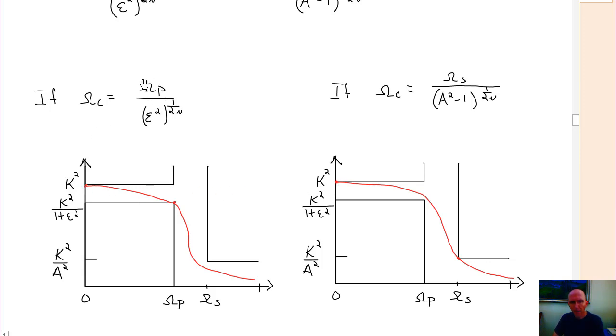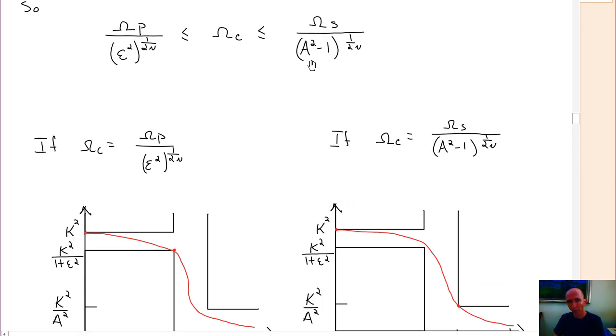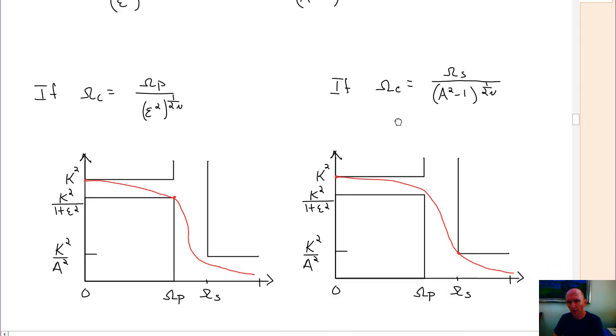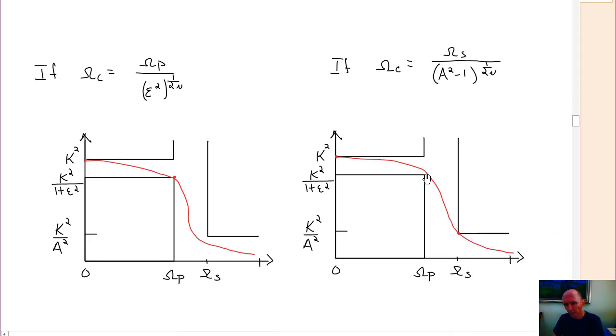If omega c is equal to this, it's going to touch at omega p also, and then at this frequency, it's going to be a little less than the specifications. If we use the higher value of the inequality, then it's not going to touch here, but it's going to touch at the frequency omega s. And so here it's going to be a little better than the specifications, and it's going to just meet the specifications at this frequency.